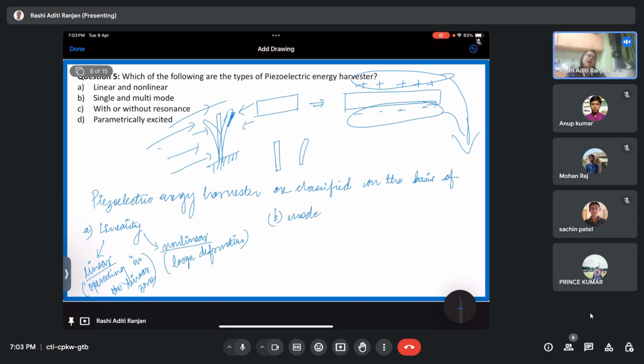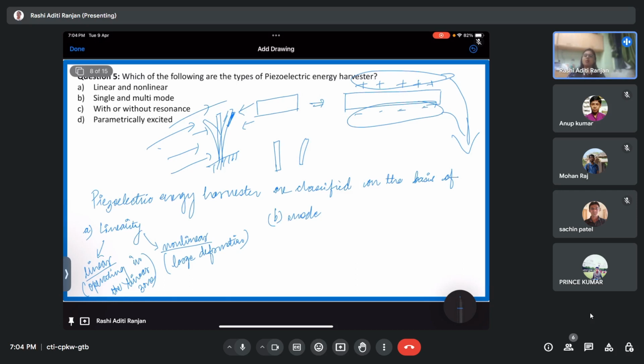If a system has 1 degree of freedom, it is going to have one natural frequency. But if my system has 2 degrees of freedom, it is going to possess two natural frequencies. And if my system is oscillating in the first mode, it is going to show some different kind of variation. And if it vibrates in the second mode, it is going to show some different kind of vibration. So on the basis of mode, it can be single mode or multi-mode.